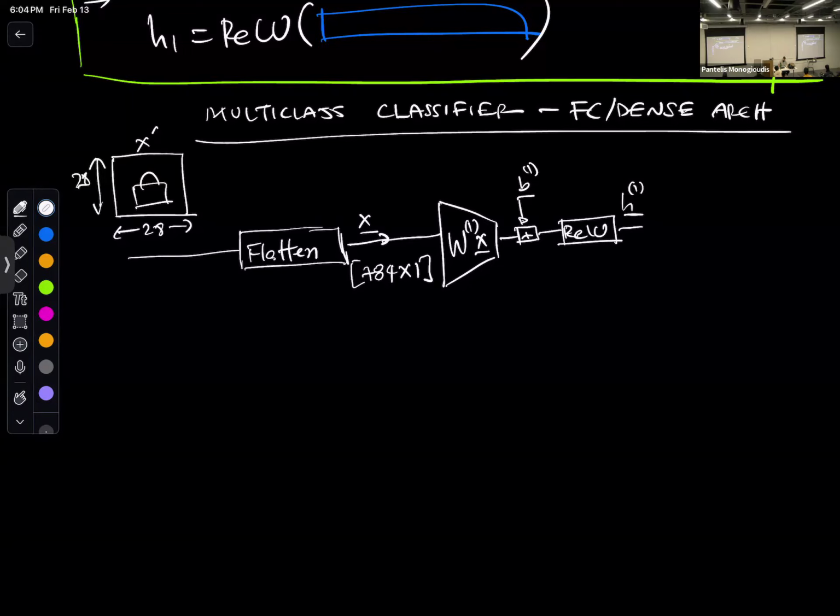And in this layer, I am deciding that the manifold that these fashion items live as data points is in 128 dimensional space. Why 128 and not 256? You can have 256.